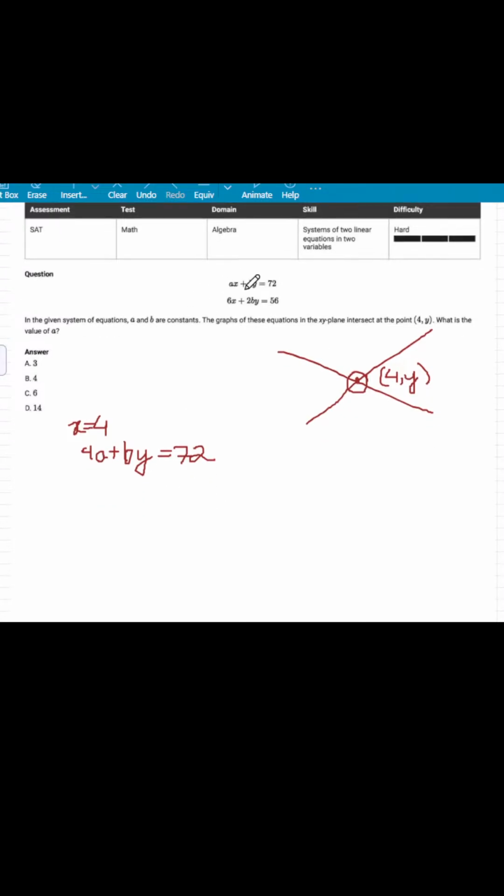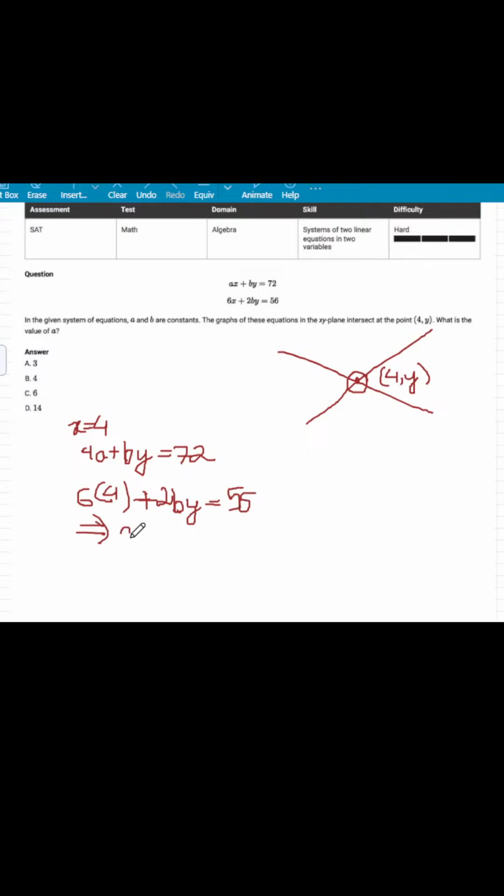Then in the second equation again we put this (4, y) value, and that will become 6 into 4 plus y as it is, so 2by is equal to 56.